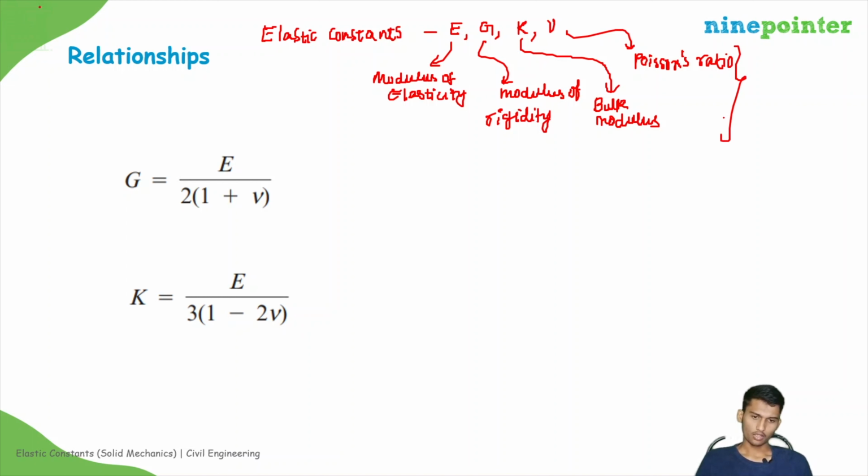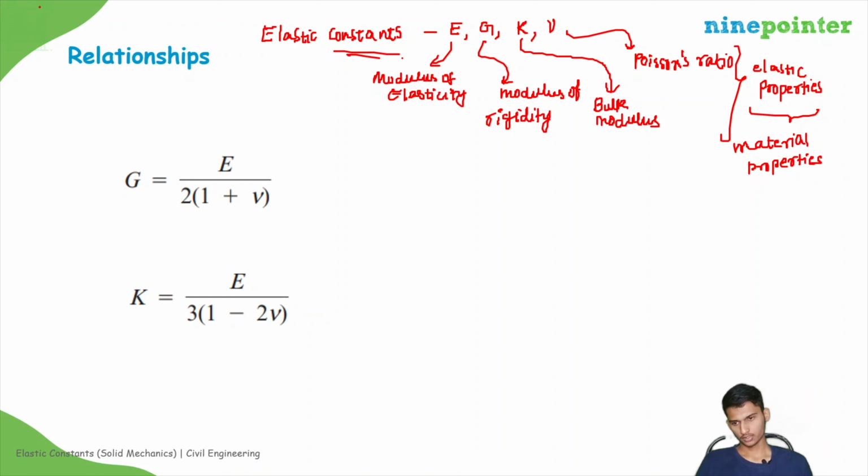These are elastic properties, right? These depend on the material, so these are material properties. Okay. But why do we call them constants? Are they really constant for a material?